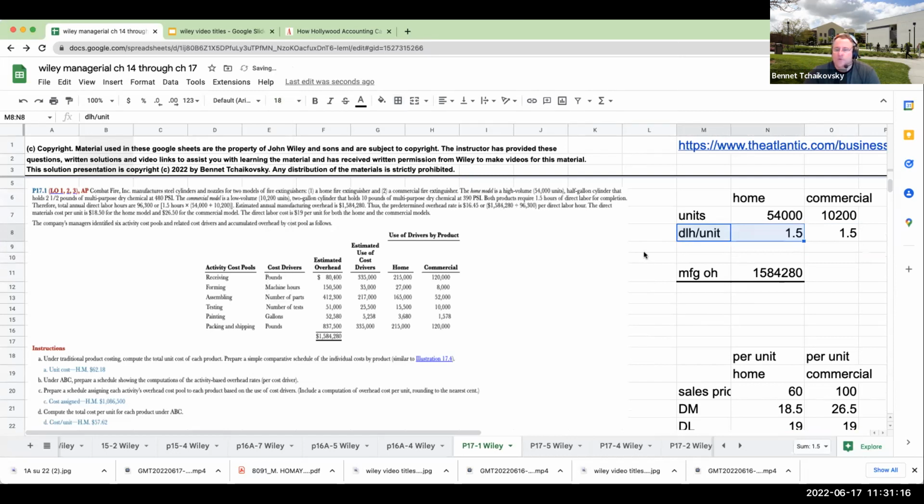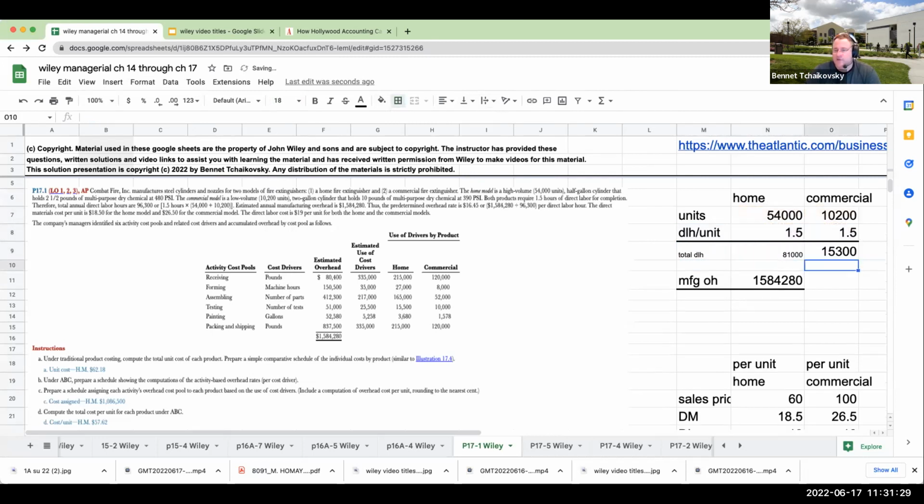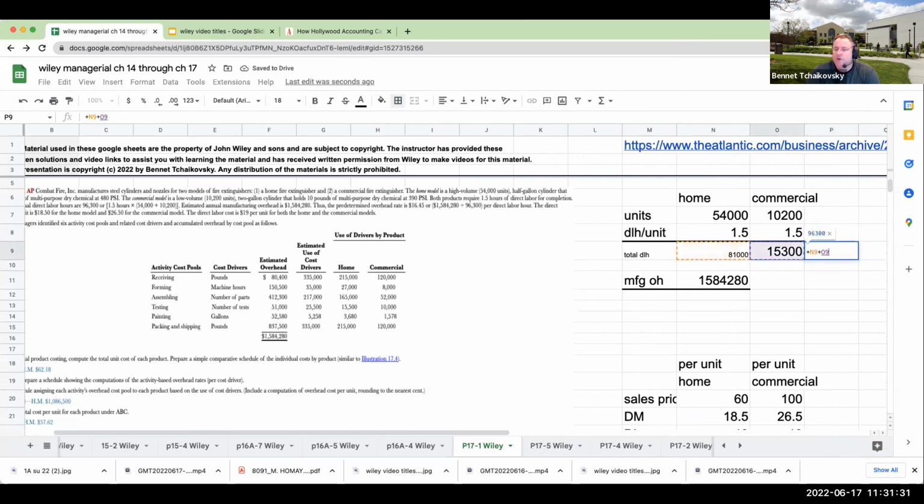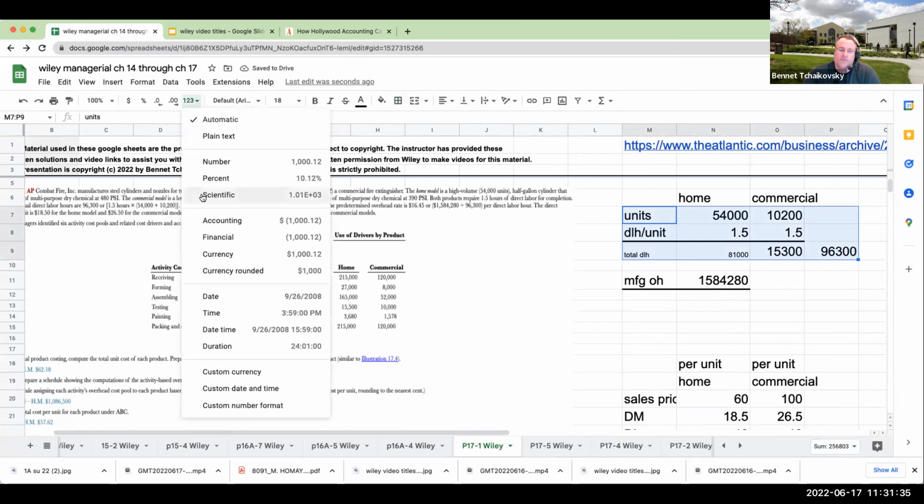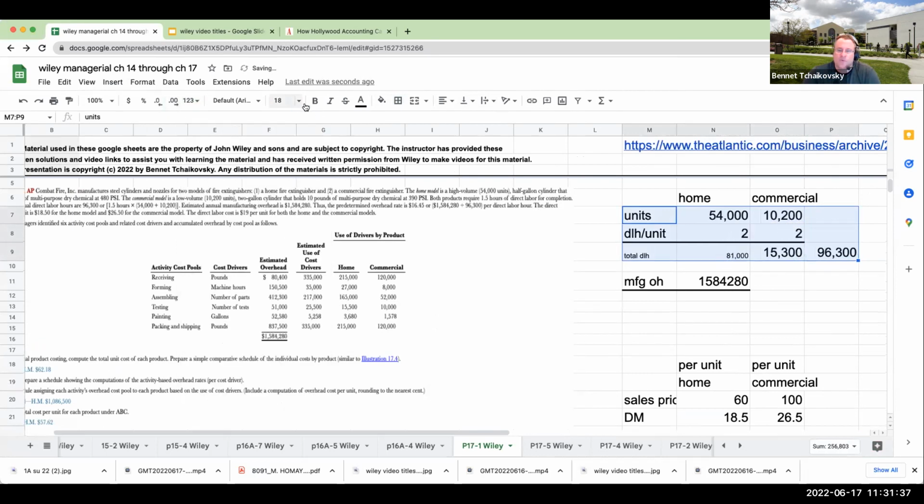Then my total direct labor hours for the home is 54,000 times 1.5. This is 10,200 times 1.5, for a total of 96,300 hours.